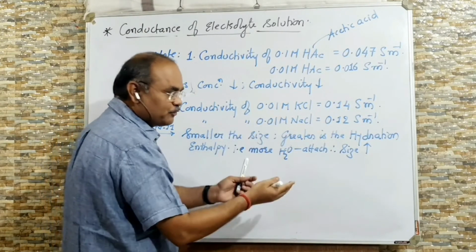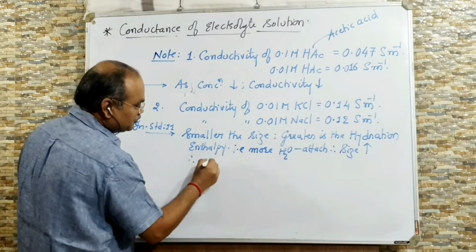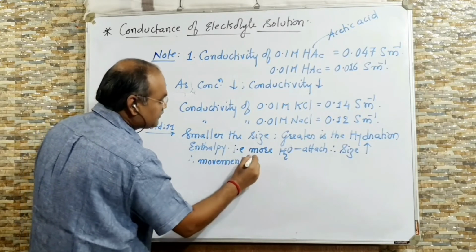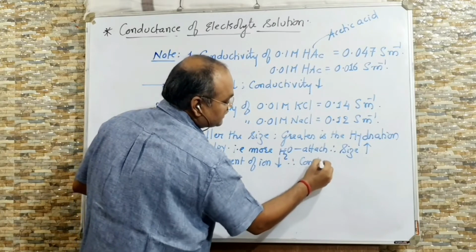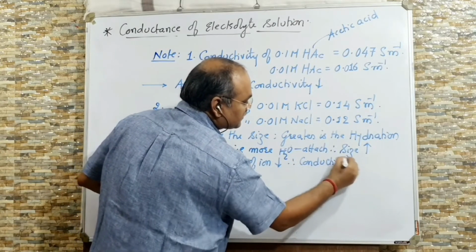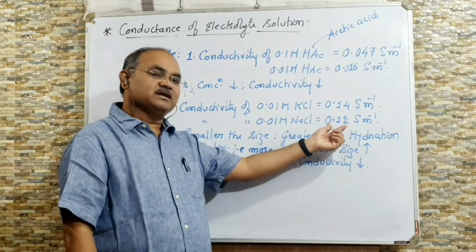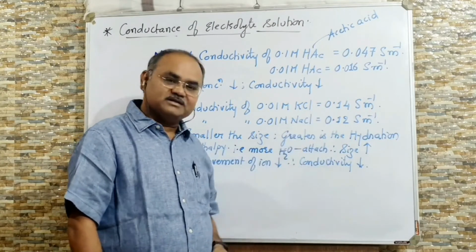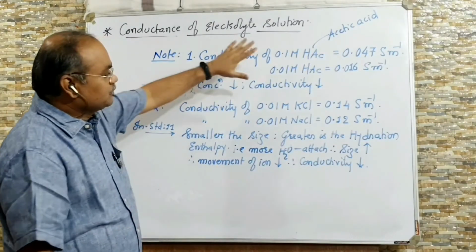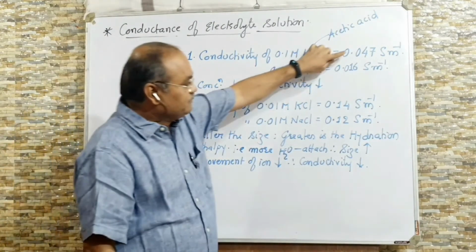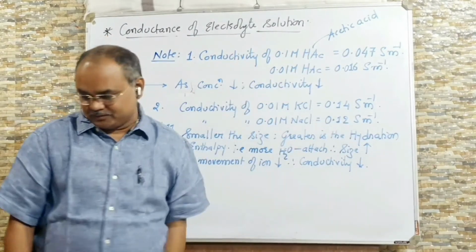As more water molecules are attached, size increases, therefore movement of ions decreases and therefore conductivity decreases. So here you can see conductivity of NaCl, meaning the Na plus ion, is less than KCl. Clear? So this is an important point from the table. In the table only values are given, but based on the values they can ask you the question. So I have taken these points. You can take a screenshot for reference.